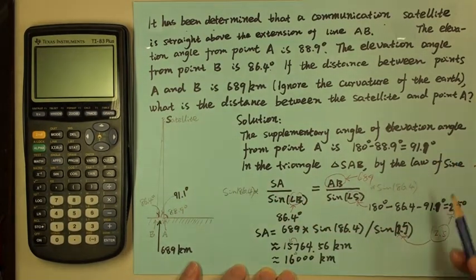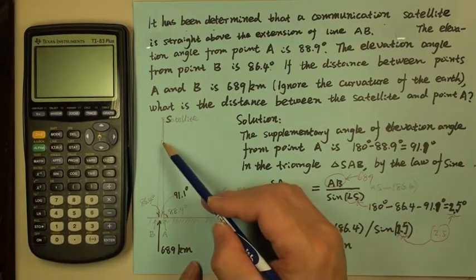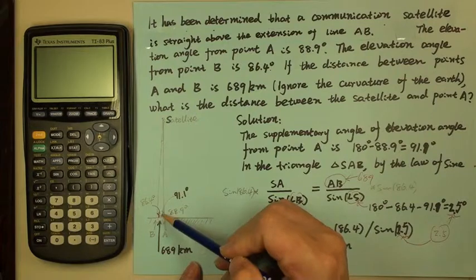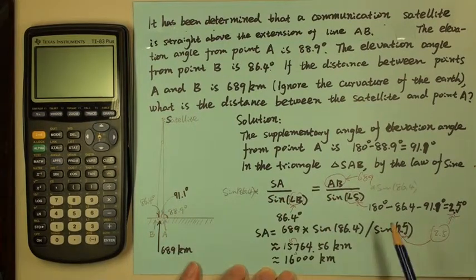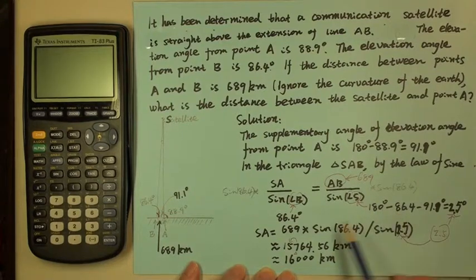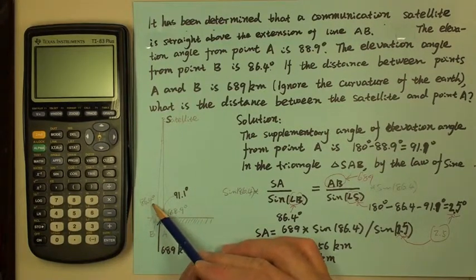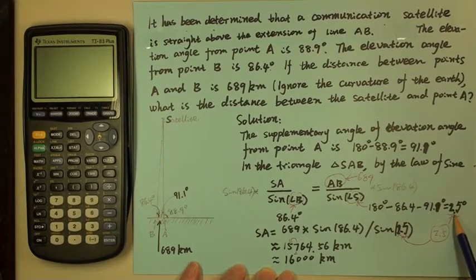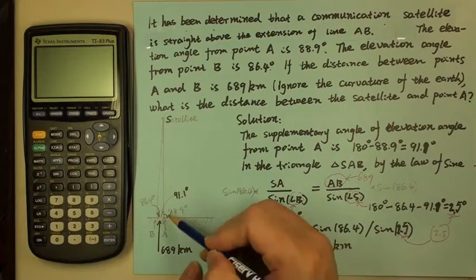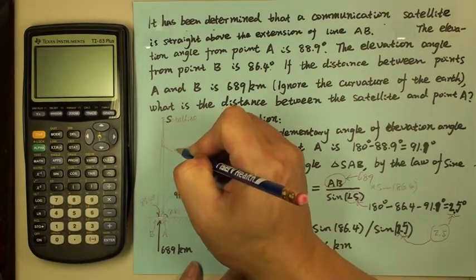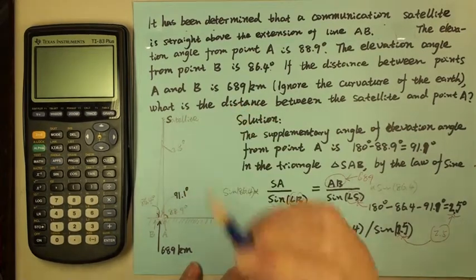This angle is 180 degrees minus those two angles. So it's 180 degrees minus 86.4 degrees minus 91.1 degrees, which is 2.5 degrees. So this one is 2.5 degrees. Alright?